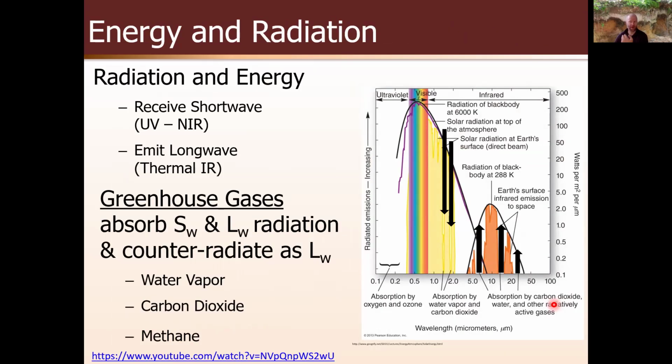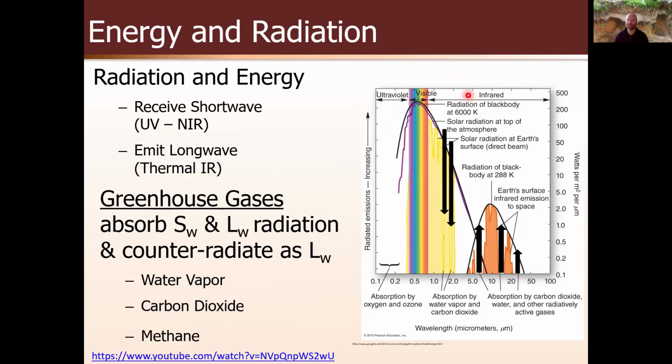Now let's hone in on radiation and start thinking about it at a systems level, like incoming versus outgoing radiation at Earth's surface and Earth as a whole. At Earth's surface, we're receiving a tremendous amount of shortwave radiation from the sun. Shortwave radiation, at least at the Earth's surface, is ultraviolet, visible, and near infrared radiation.